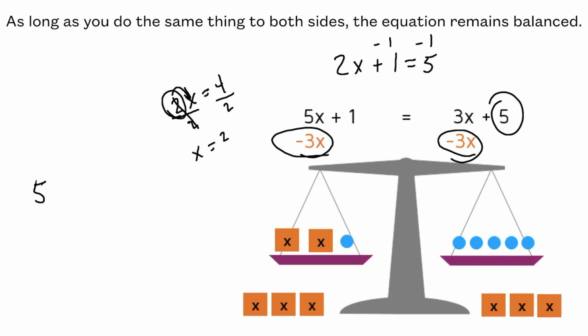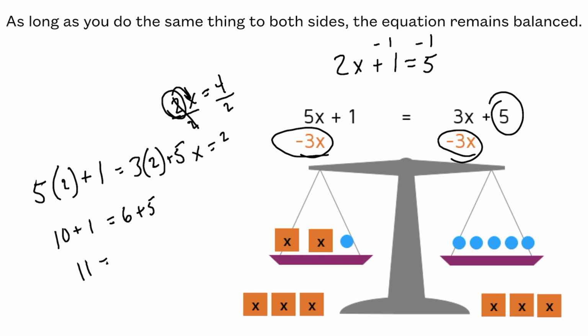So we have 5 times 2 plus 1 is equal to 3 times 2 plus 5. We're going to get 10 plus 1 is equal to 6 plus 5, and we're going to get 11 is equal to 11, and we checked it.